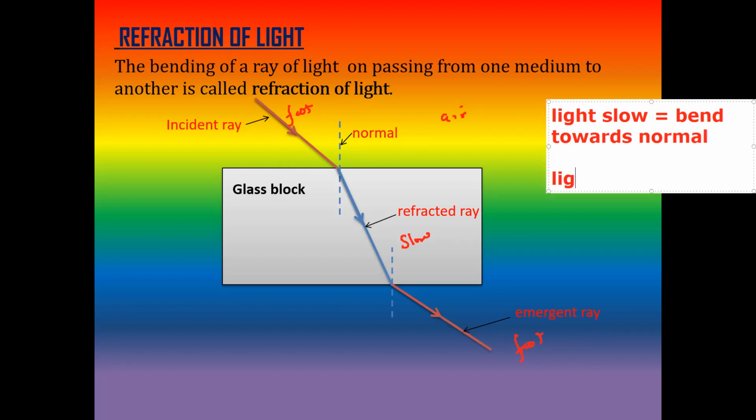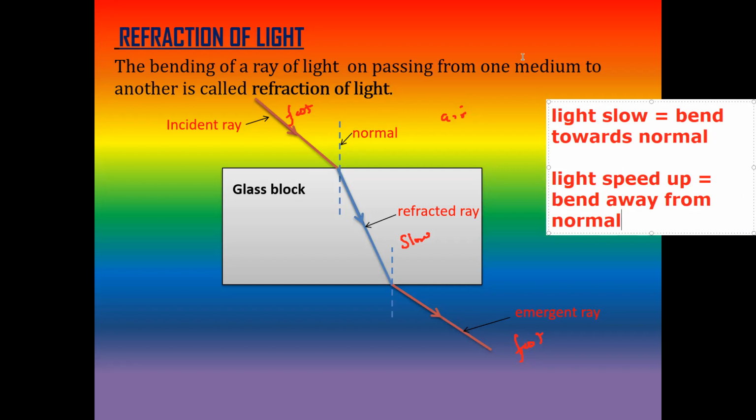And when the light moves faster or speeds up, it will bend away from the normal.